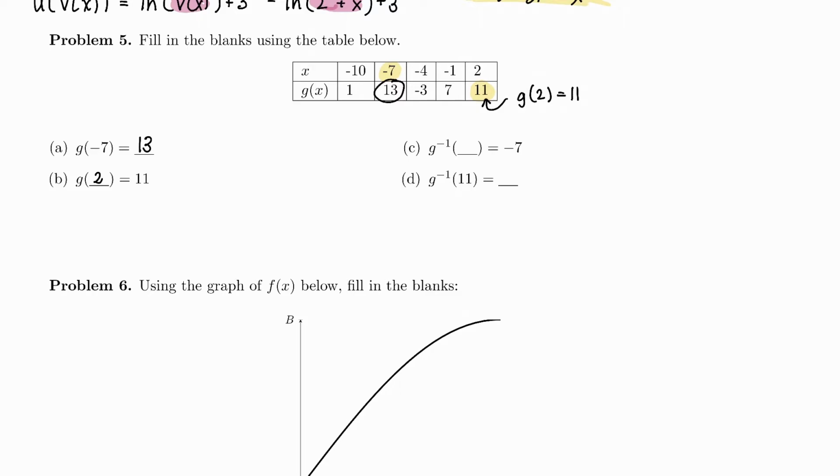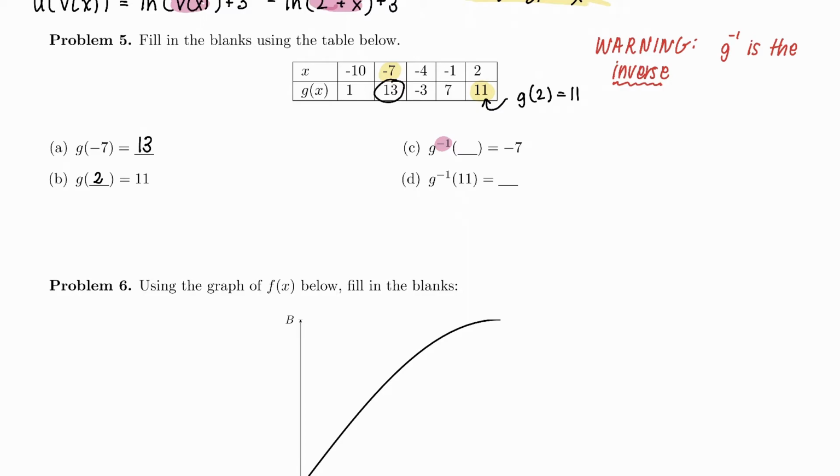Okay, for part C, this negative 1 exponent, we need to be very careful with this. So another warning. g to the negative 1 is called the inverse of g, which we're going to talk about more in the next video.